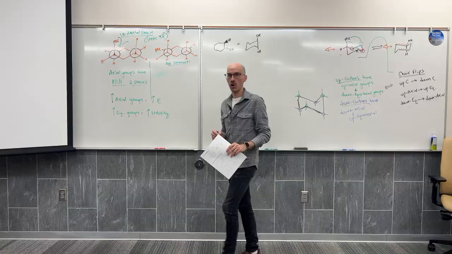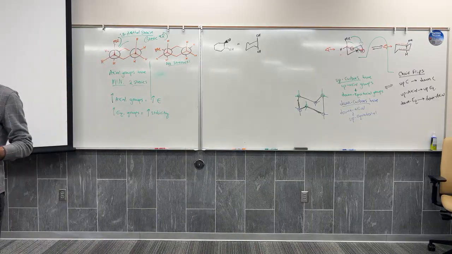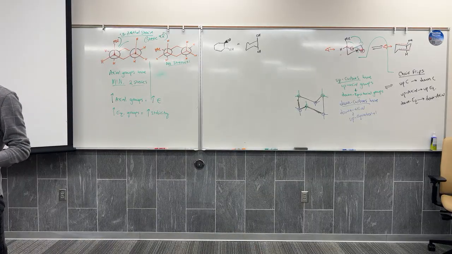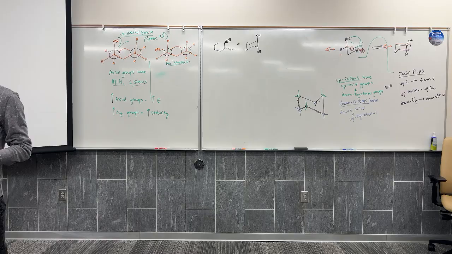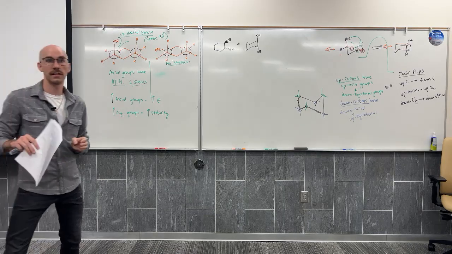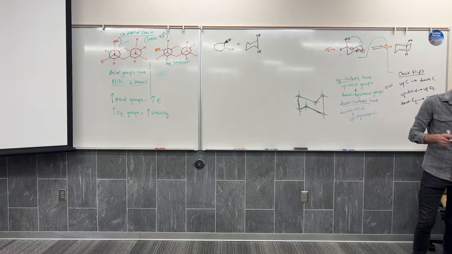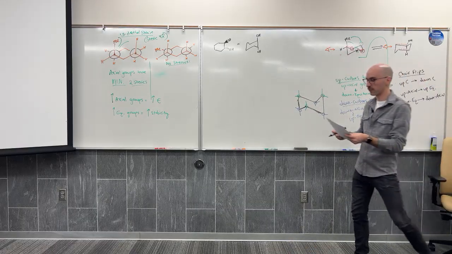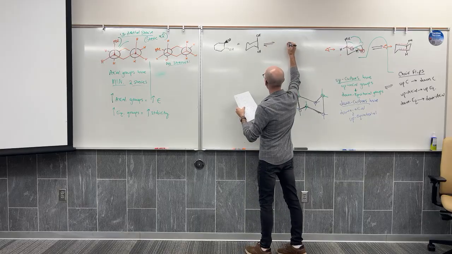The down OH is on a down carbon, making it down axial. In the chair flip, the up OH stays up. The down OH stays down. But they'll flip positions from being axial and equatorial. So, in that second chair conformation, what do we draw in?